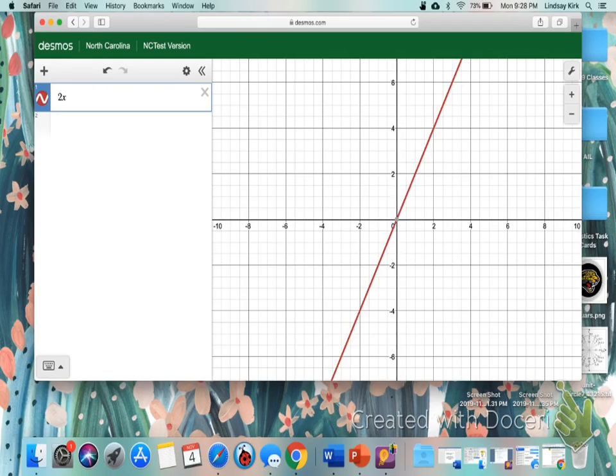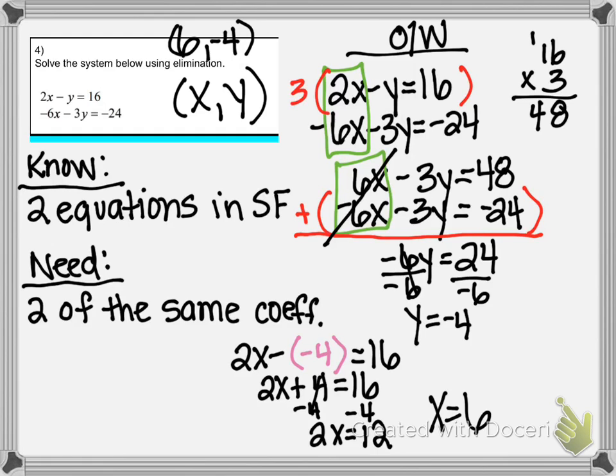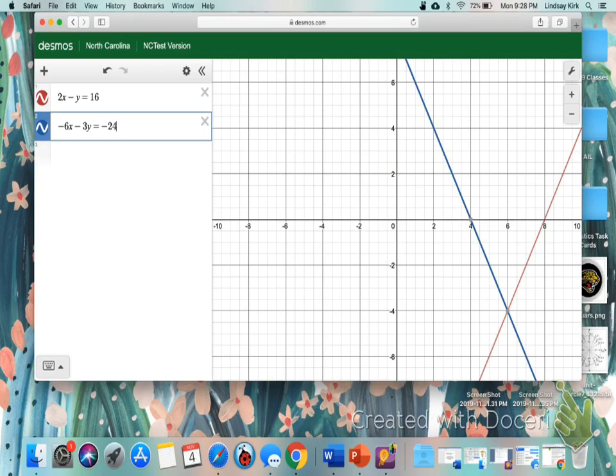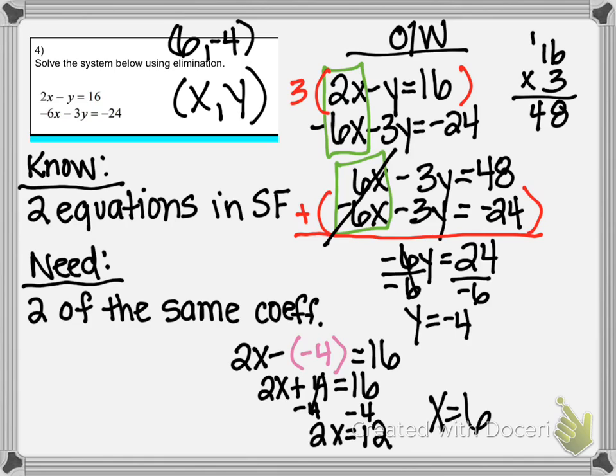And negative 6x minus 3y equals negative 24. All right, again, we can always find our point is going to be 6, negative 4, which is exactly what we found. So, yes, I asked you to do them by hand, but please check yourself and just make sure that you got it correct.